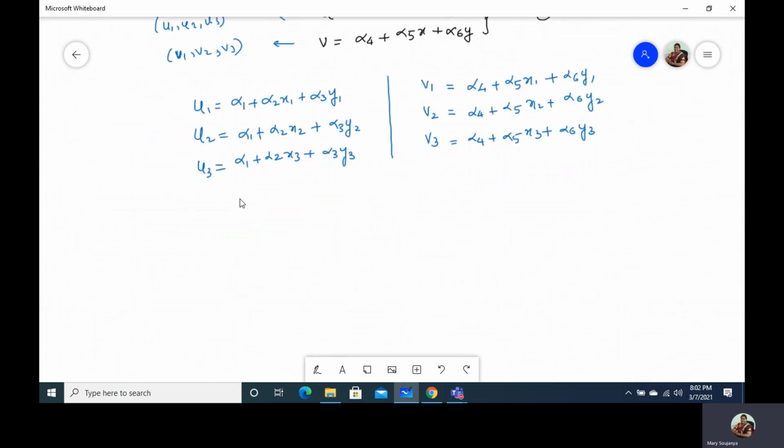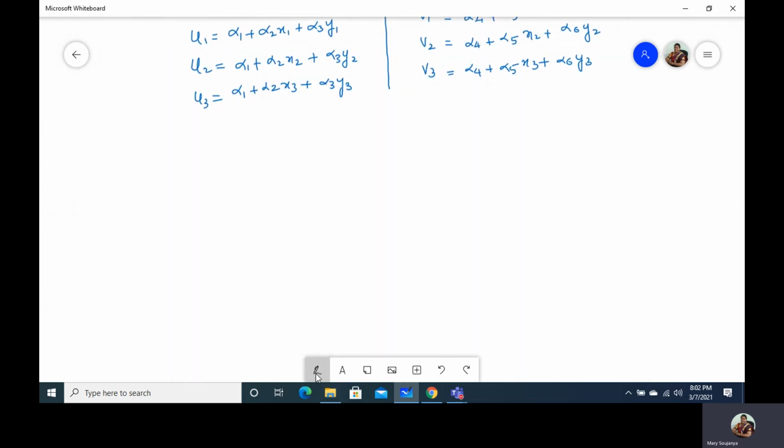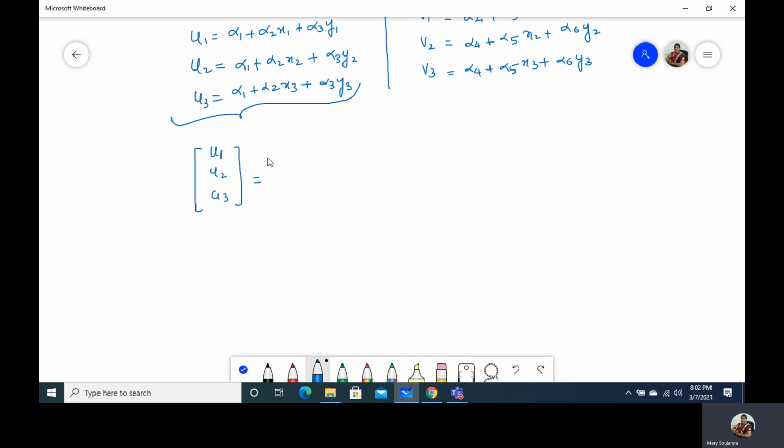Alright. Now, writing this in the form of a matrix, this will become u1, u2, u3 equal to the matrix [1 x1 y1; 1 x2 y2; 1 x3 y3] into alpha 1, alpha 2, alpha 3.